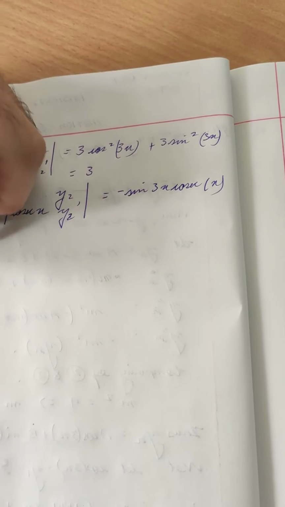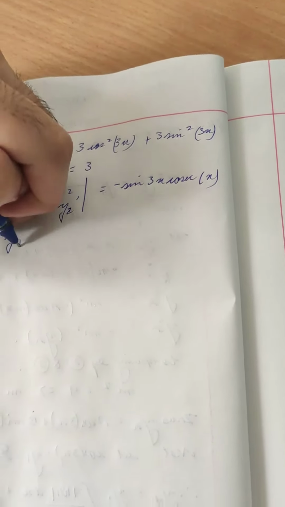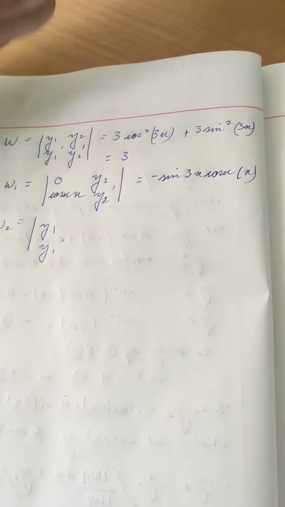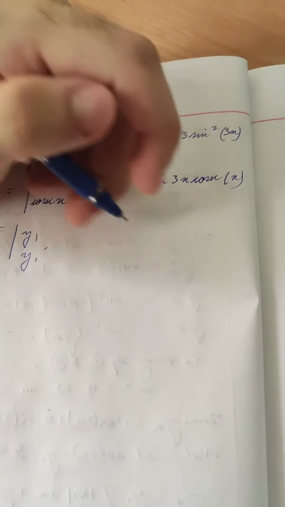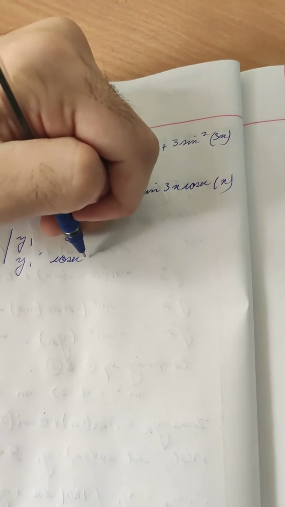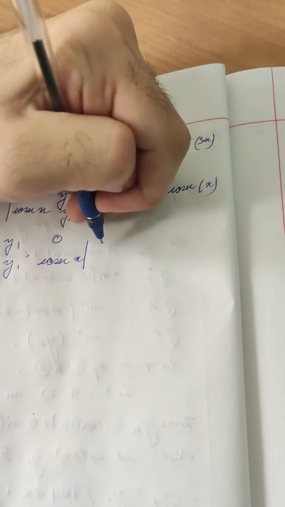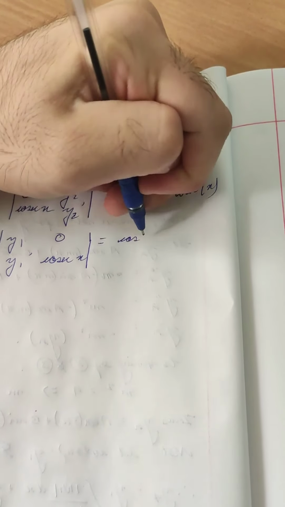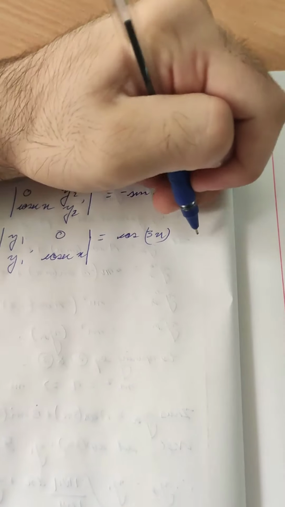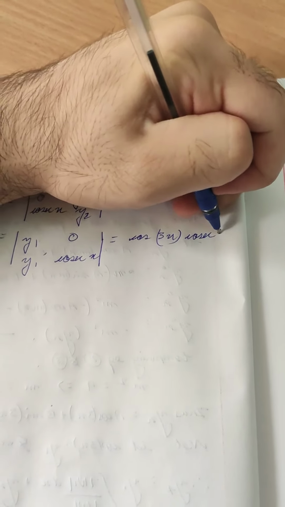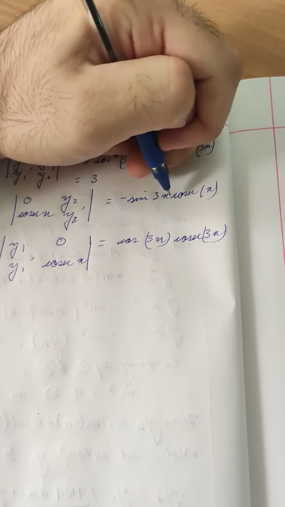So now we'll find our w2. Here the y1 and y1 dash will remain the same, whereas we replace the y2 and y2 dash with 0 and cosec x. So this would lead us to cos 3x cosec x. I think so this is correct.